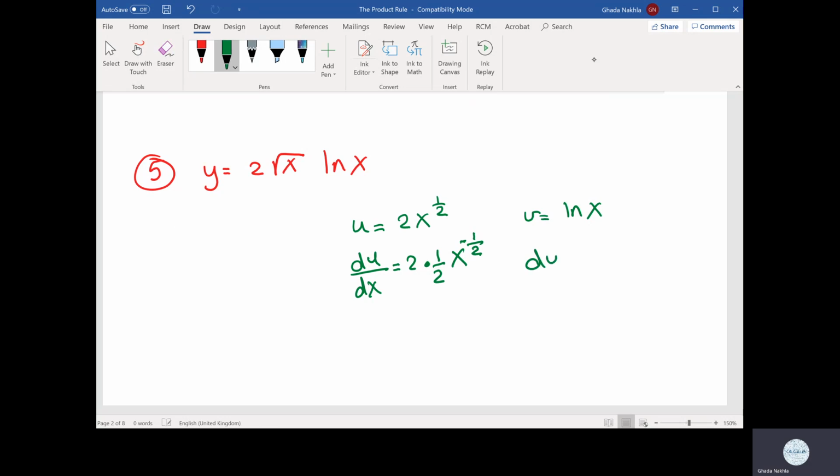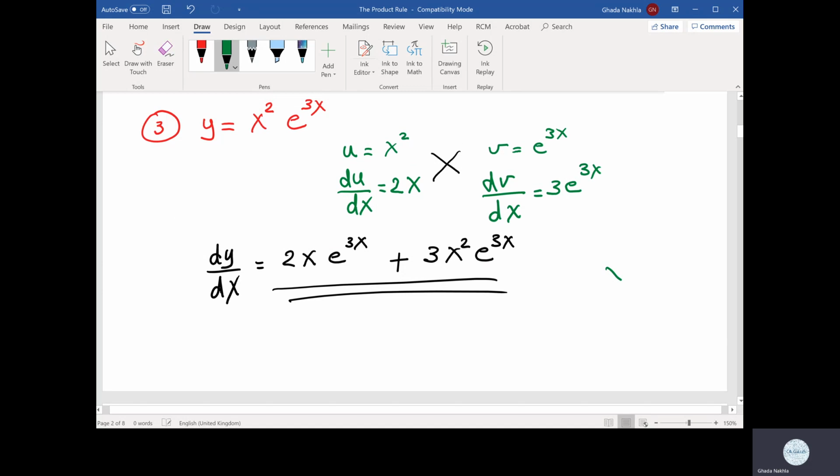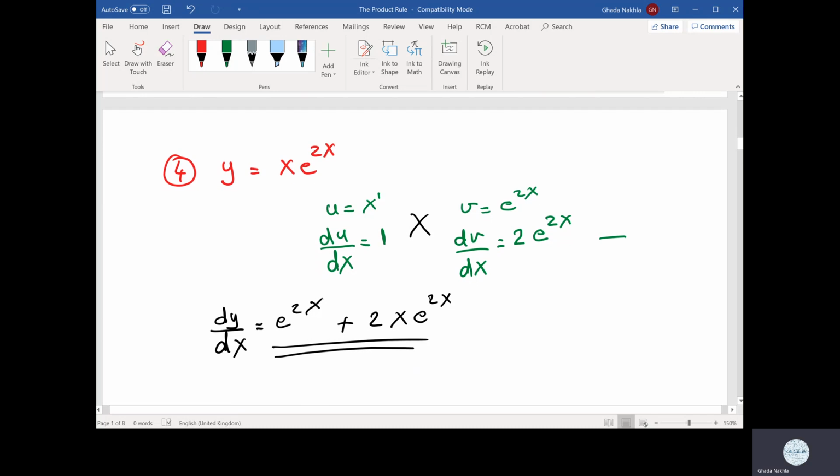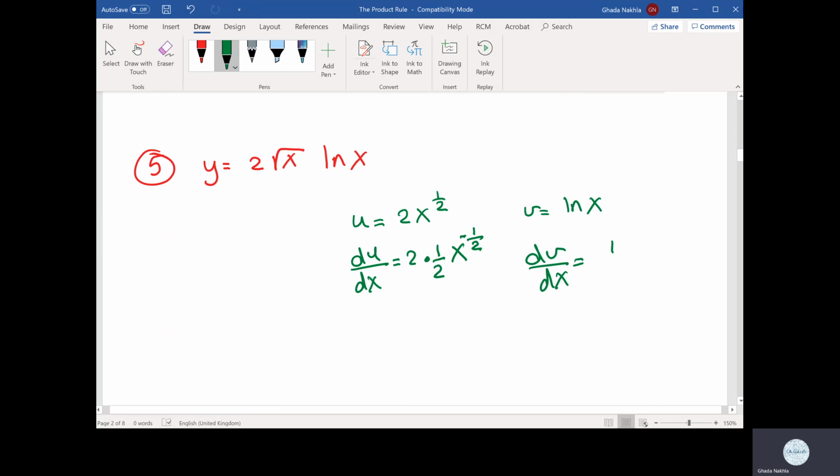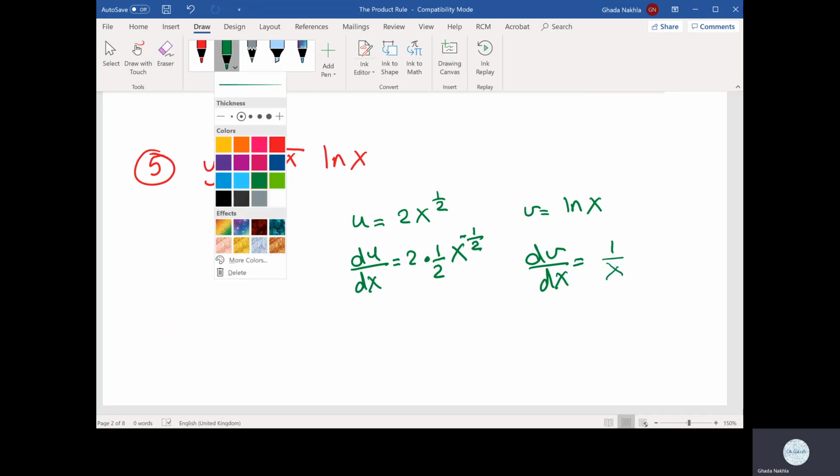And dv by dx is 1 over x. Sorry about that. It differentiates to 1 over x. Again, we cross multiply.